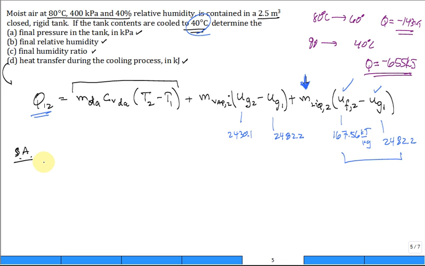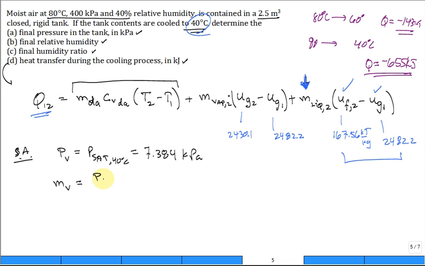If it's saturated air, what's the partial pressure of the vapor? It's going to be Psat, the saturation pressure at 40 degrees C, true? So the saturation pressure is 7.384 kilopascals. You can now calculate the mass that's in the vapor state.